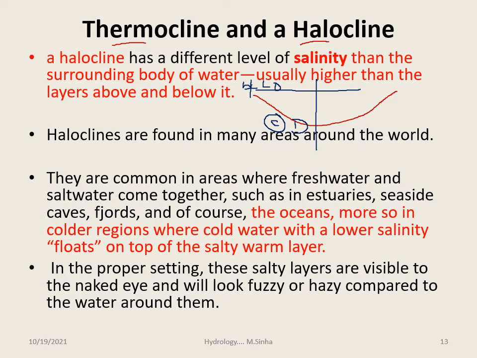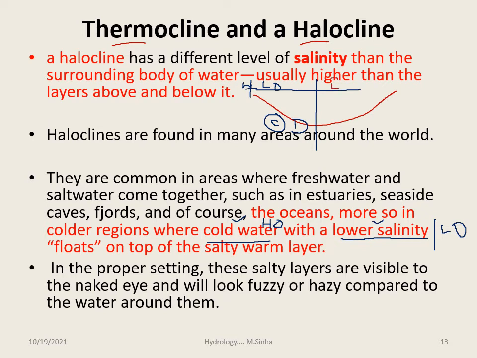But if the combination of salinity and temperature is peculiar, then the situation changes. Normally lower salinity is related to low density, and cold water is related to higher density. So with a combination of cold water and low salinity, ultimately the density will be lesser.